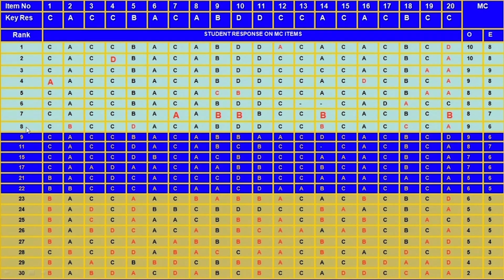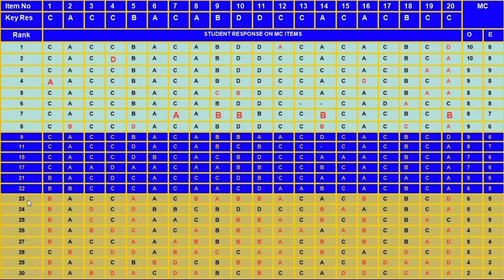It could have been 25%, 30%, or 35% also, but we have taken 27%. The lower group, in terms of academic ability, is again 27%. 27% of 30 is 8. So the lower 8, 22 to 30, are the lower group.